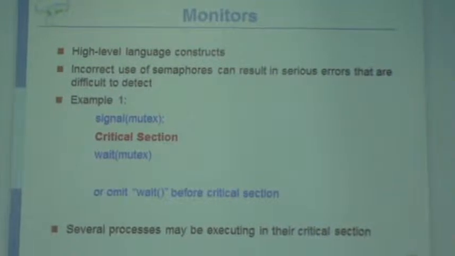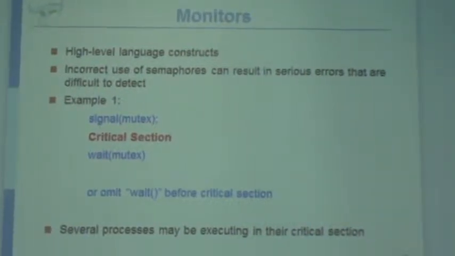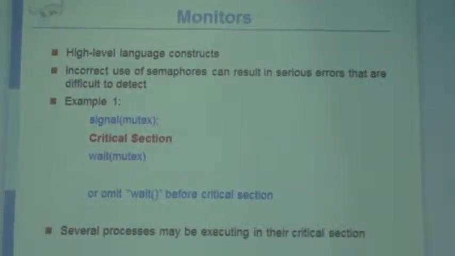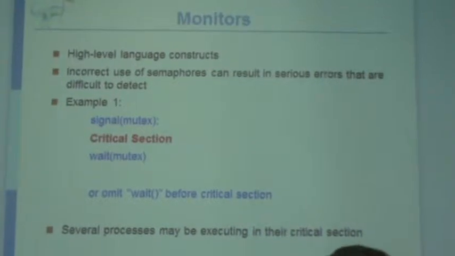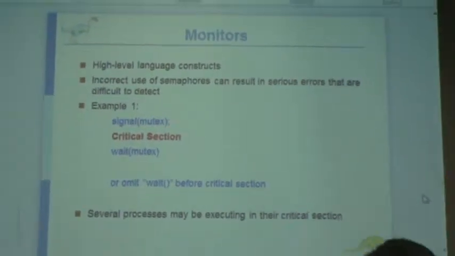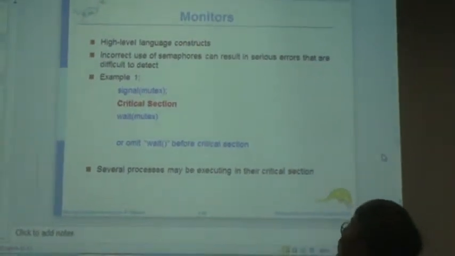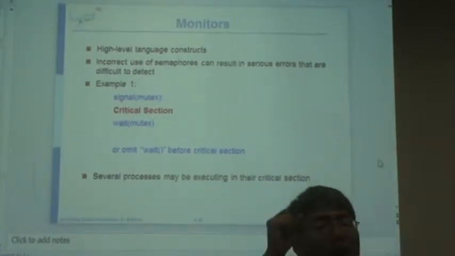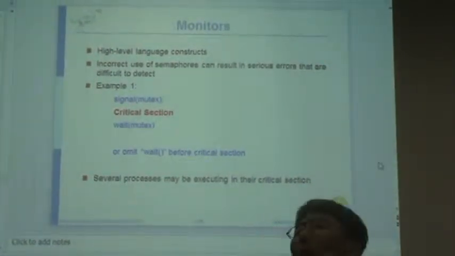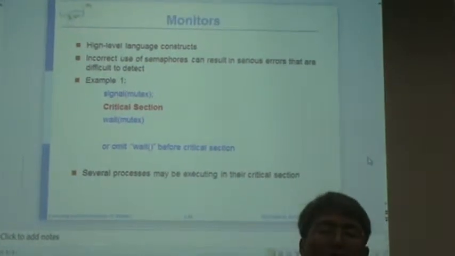To address that problem, there are researchers in operating systems. They try to detect or solve such a problem of the mutex lock in the critical section problem. Monitor is one of them. Monitor is a high-level data construct, so it's at the software level, which is not used a lot.